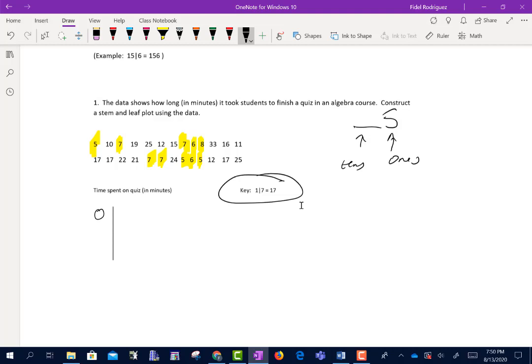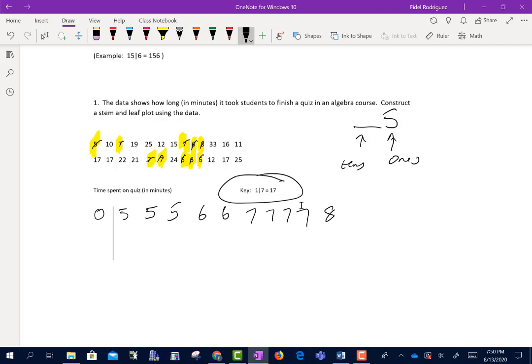The first number we have is 5, and I want you to notice there's also another 5 right here, and another 5 right here, so don't forget that one. Then we have two 6s, and then four 7s. And we have the number 8.